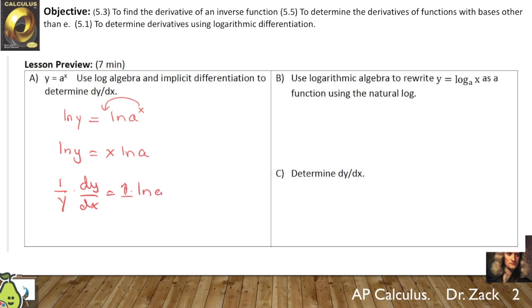Now, of course, the natural log of a is a number. So your dy dx is going to be equal to y log a, and we know that y was actually a to the x. So we now have a new rule that the derivative of a to the x is a to the x multiplied by the natural log of a.